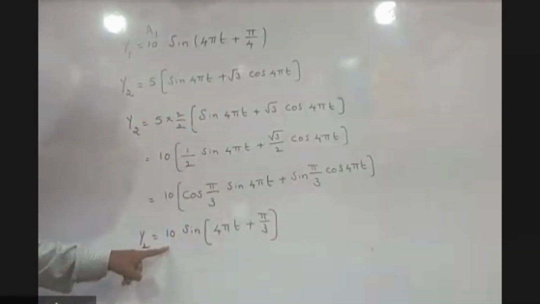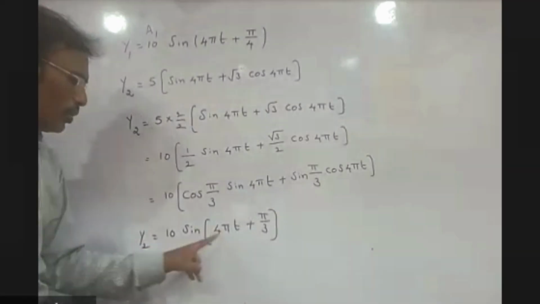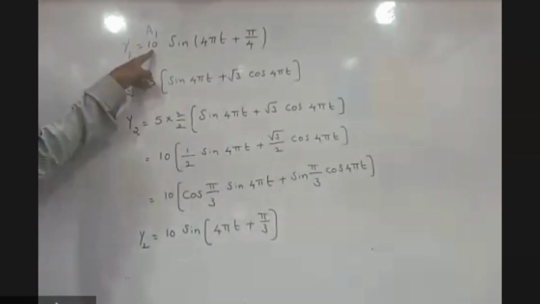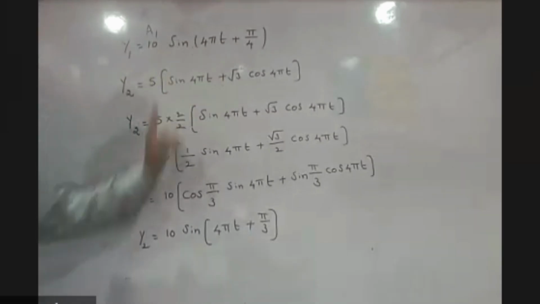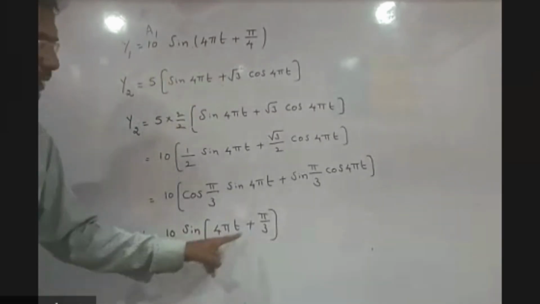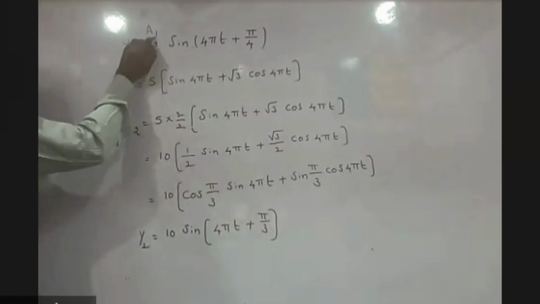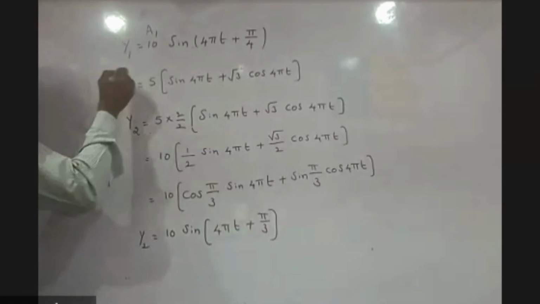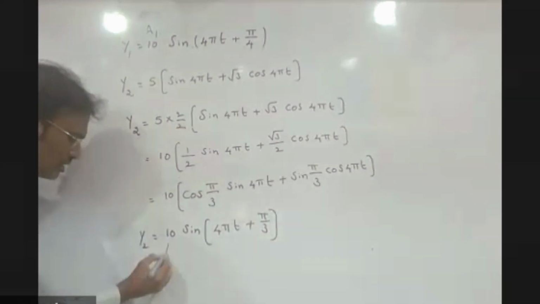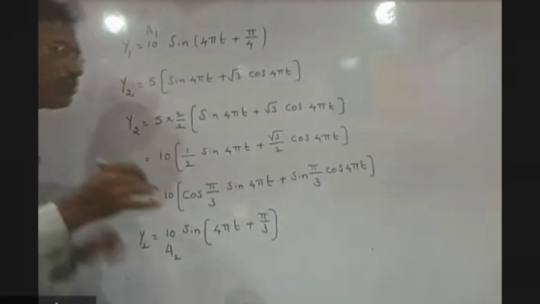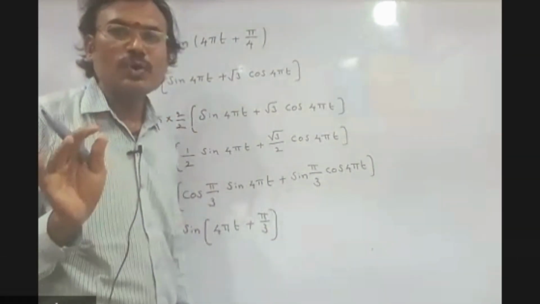Now this is also in the form of A sine omega t plus phi, and this also. Here the 10 is A1 in the first equation, and in the second equation this is A2. So A1 equals 10 and A2 also equals 10.